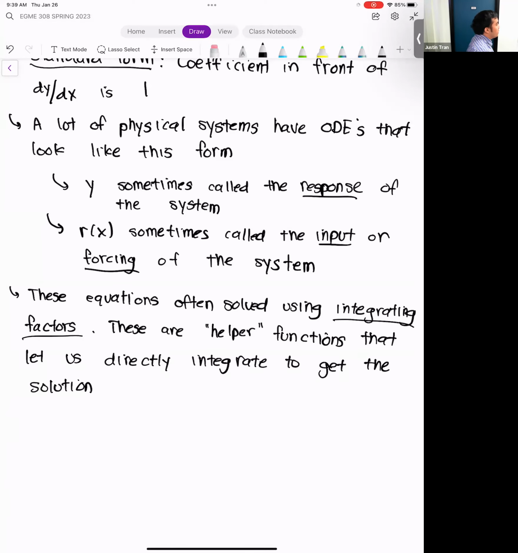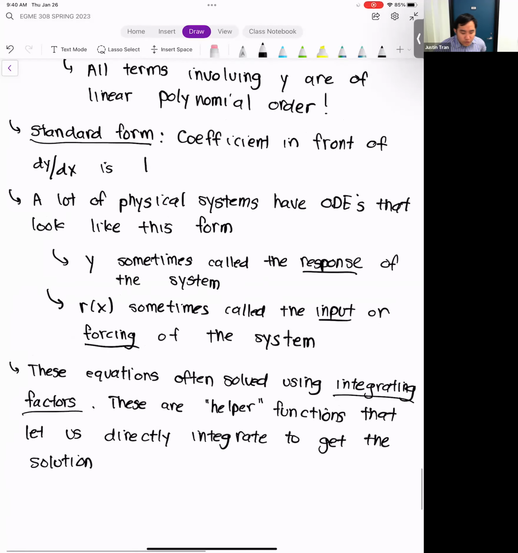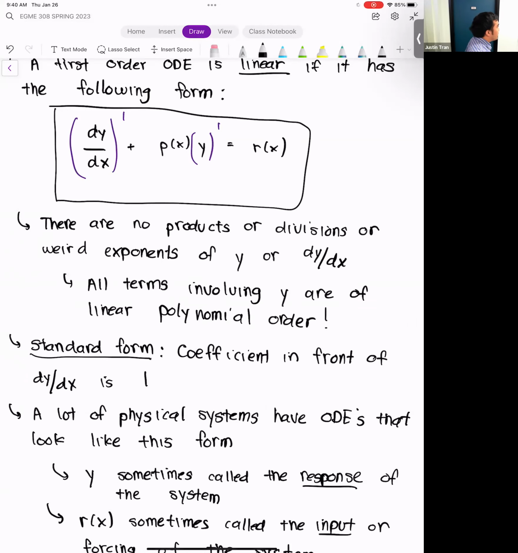Because if you look at the way we solve our separable ODEs, we like integration. So if we're in a situation where we can directly integrate to find a solution, that's the easiest thing for us to do. Unfortunately, if we look at the form of this function right here, we're not in a form where we can directly integrate. But we still would like that.